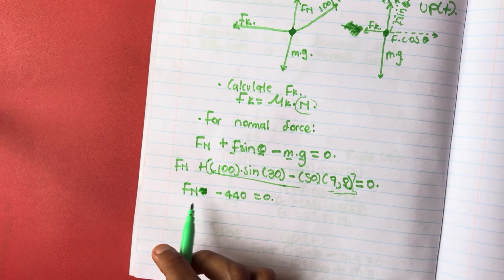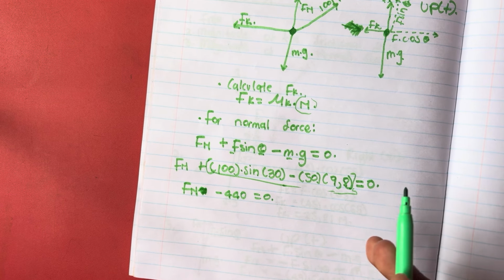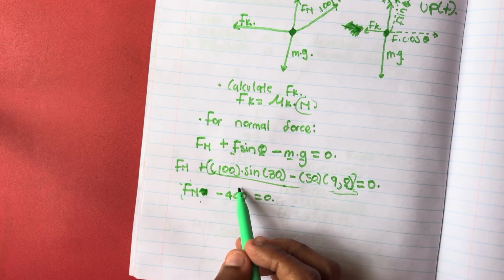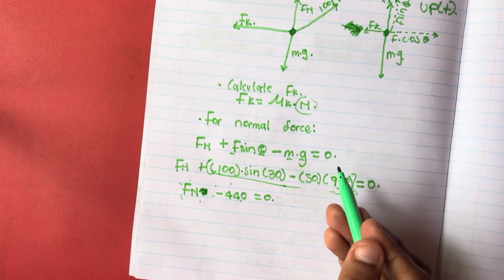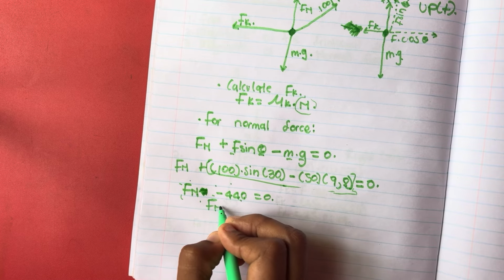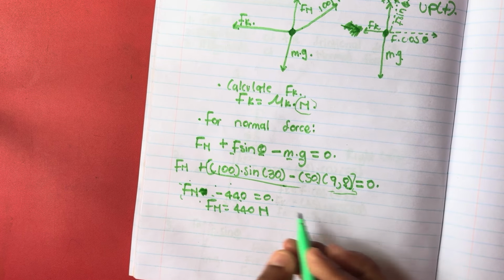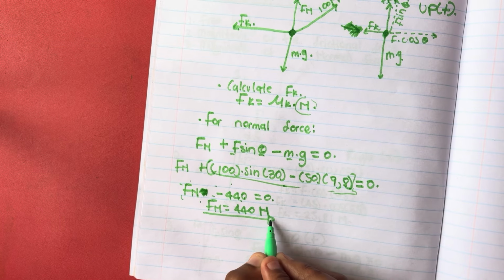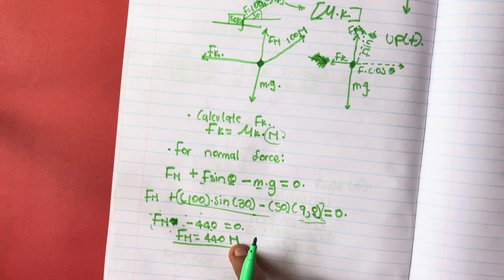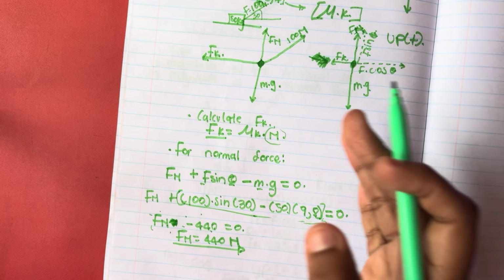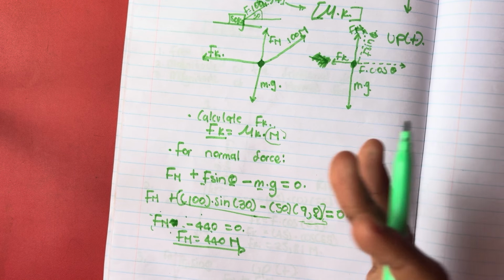Now, because we're trying to figure out what Fn is and we want to make it the subject of the formula, we can take this negative 440 and transpose it to the other side. So we'll have Fn equals 440 Newton. Now, at least do we have what? Our Fn. So now, because we have our Fn, we can substitute it here in order to find what we're actually looking for, which is our frictional force.